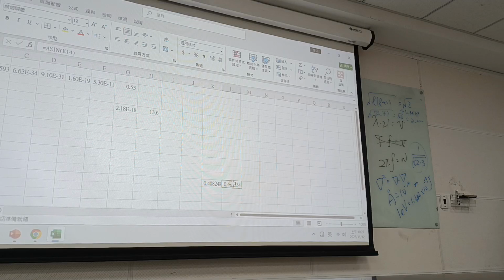But this is in radians, not degrees, so we multiply by 180 divided by pi.